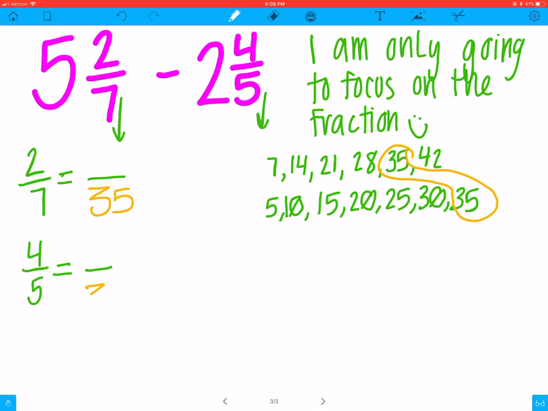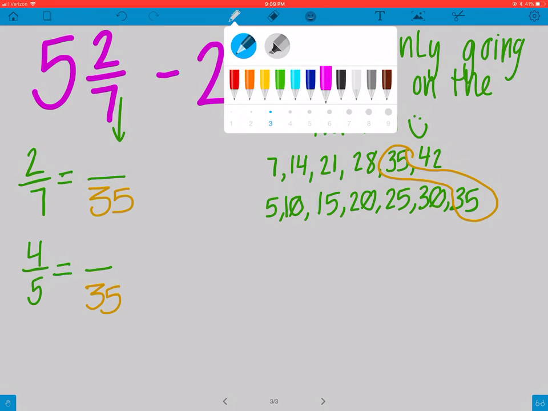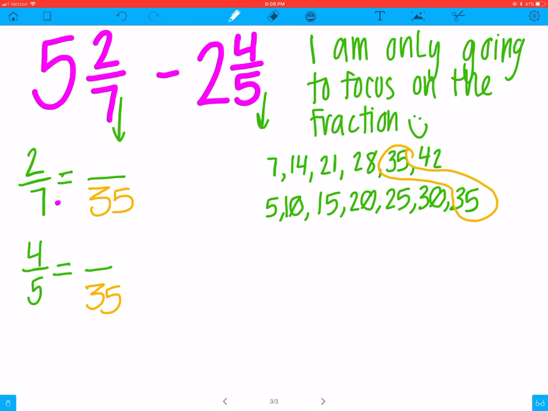What did I do to the 7 to get to the 35? I multiplied by, yep, it is by 5. Now for the 5, I multiplied by 7. And remember, what I'm doing to the denominator, I need to do to the numerator.